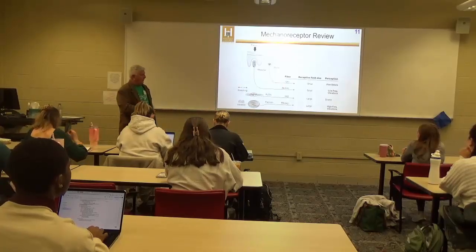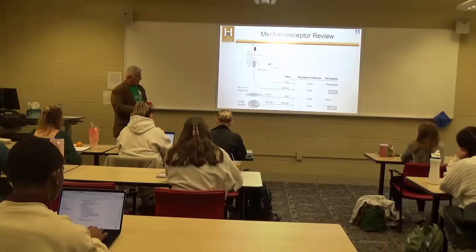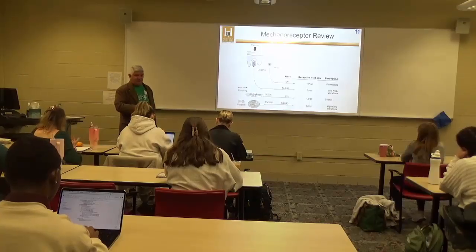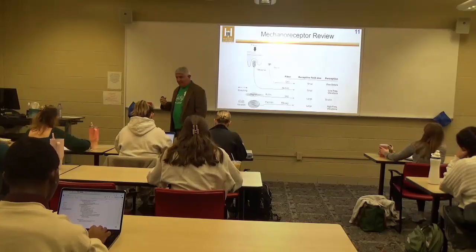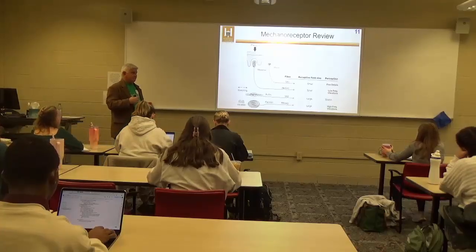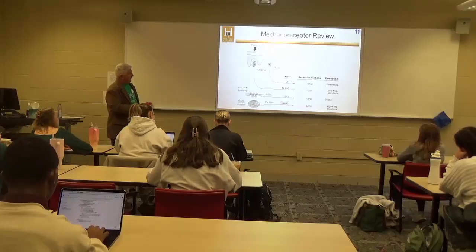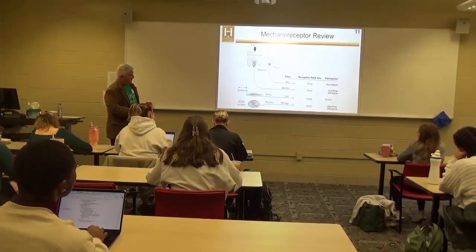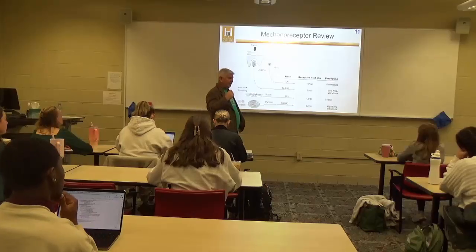Low frequency vibrations are best detected by Meissner corpuscles. High frequency vibrations are best detected by Pacinian corpuscles. Stretch of the skin, best detected by Ruffini endings. All good? So these are the 4 things that are different: receptor structure, neural coding, receptive field size, and that results in unique perceptions for each of those.